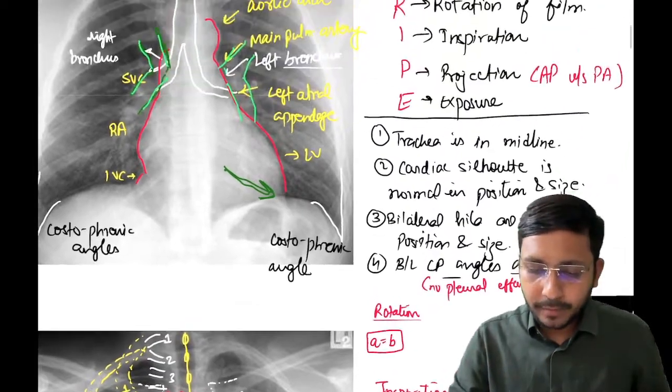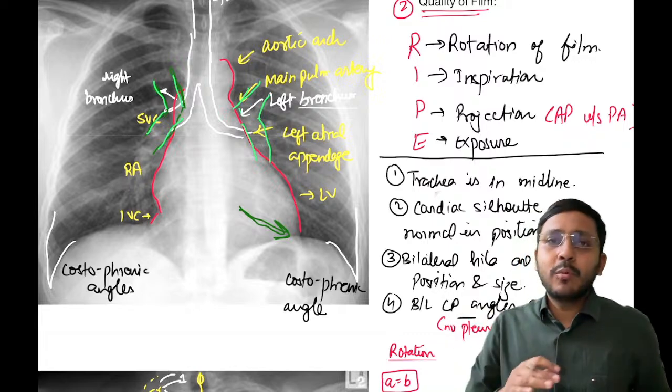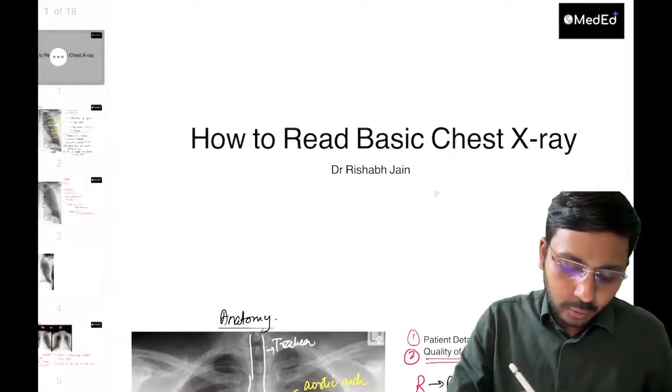So we have moved from trachea, cardiac size, hilum to CP angles. Finally, now we'll move on to the lungs.